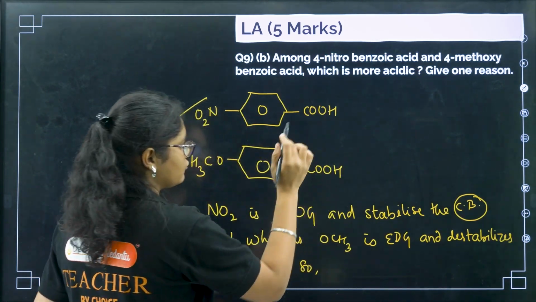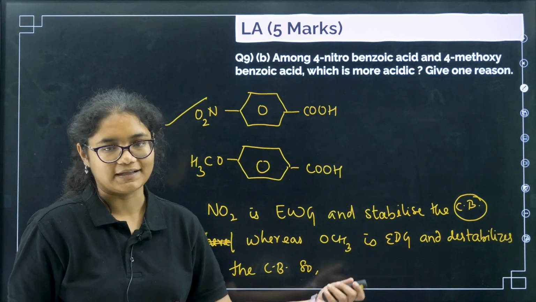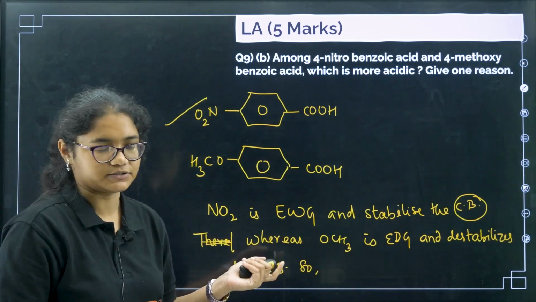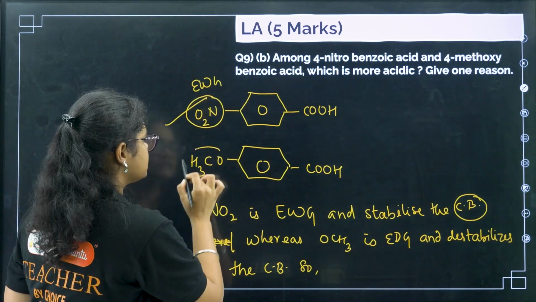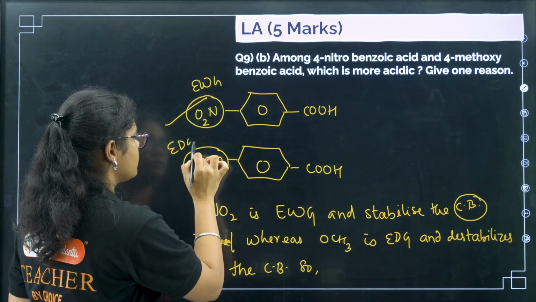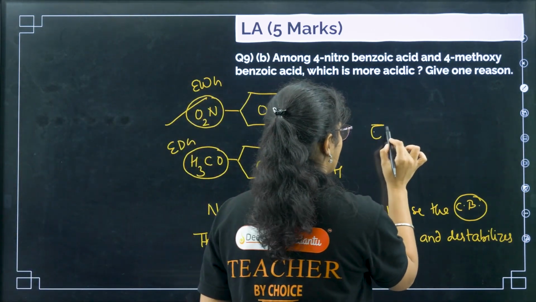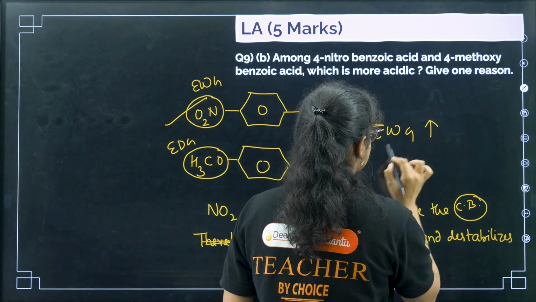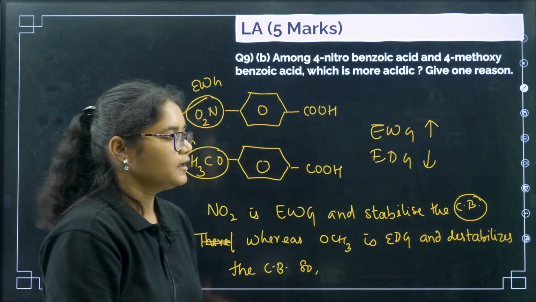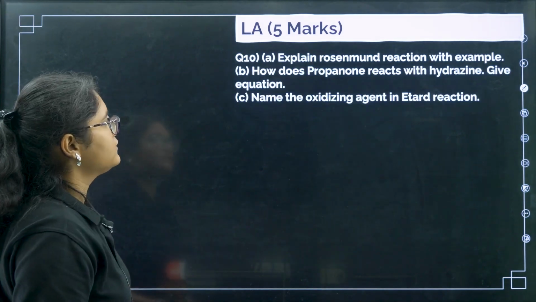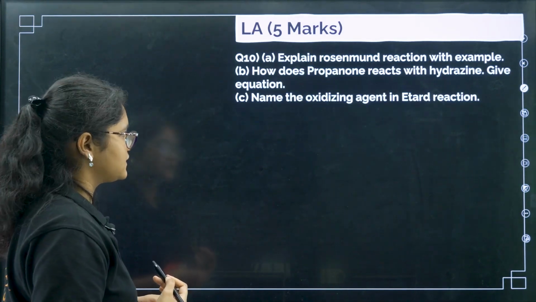So nitrobenzoic acid is more acidic. This is the explanation. You can see here nitro group is an electron withdrawing group, OCH3 group is an electron donating group, and we know that electron withdrawing group increases the acidity and electron donating group decreases the acidity. Okay, next question, explain Rosenmund reaction with an example.